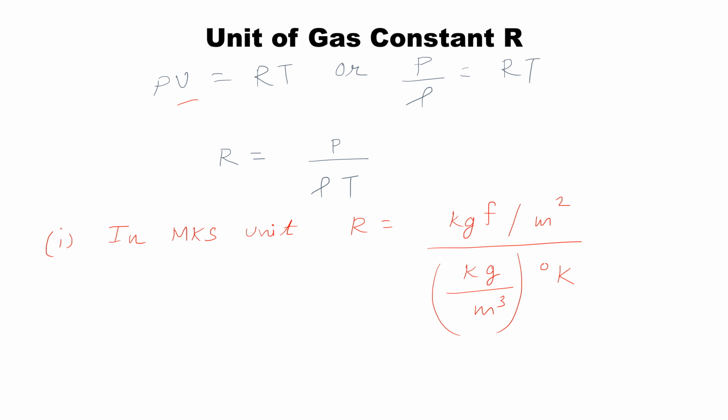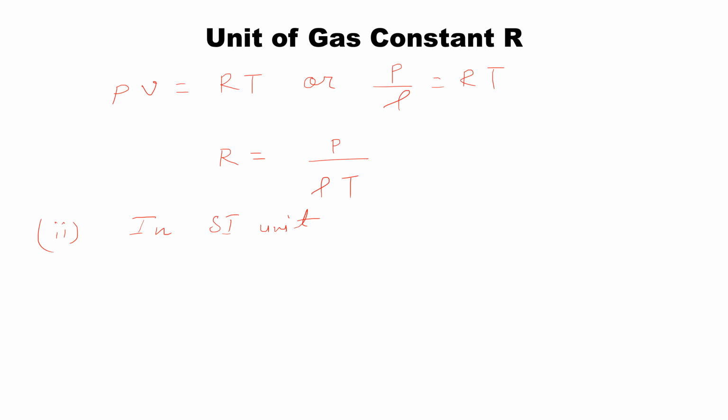In MKS units, we will write the unit of R as kgf per meter square divided by kg per meter cube multiplied by degree Kelvin, where this is our unit of pressure, kg force per meter square, this is our unit of density, kg per meter cube, and this is our unit of temperature, degree Kelvin. So we can rewrite this as kgf meter divided by kg degree Kelvin.